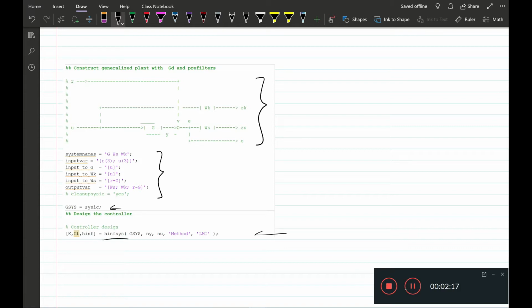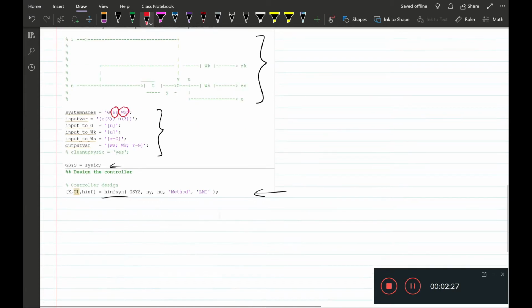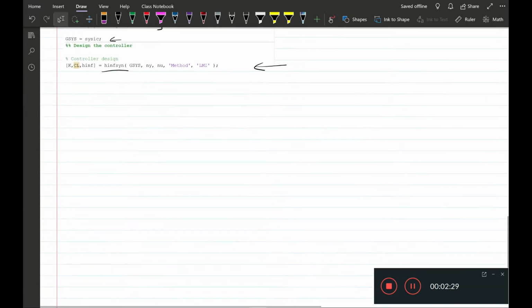So that gives us a controller K. Now before we execute this part of the code, we have to define WS and WK, which are the tuning knobs. So we have to iteratively select these until we get a design that is acceptable.